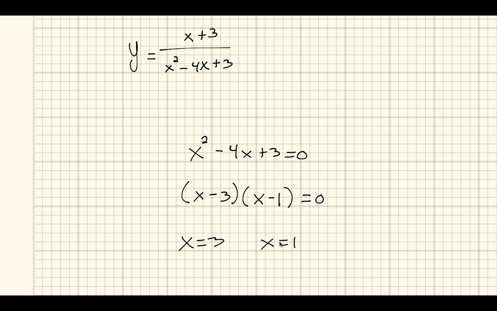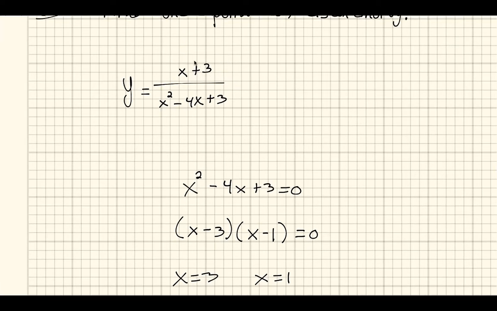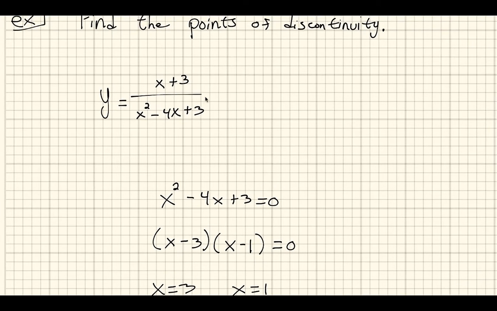Now, are these removable or non-removable? These are both non-removable. You might be tempted to see the positive 3 here and a positive 3 here, but what actually produces a 0 on top? It's when x is negative 3, right? So you can see here, if I write it in factored form, okay, we don't have the same factor on top as we do bottom, right?